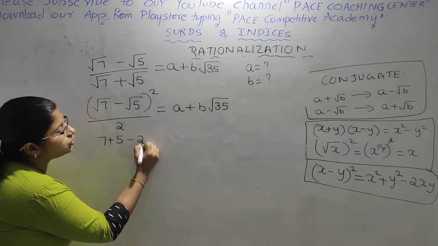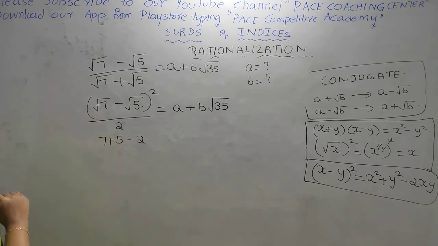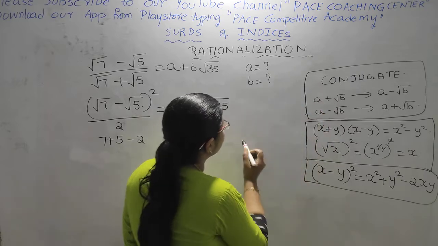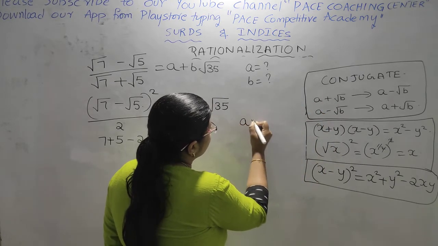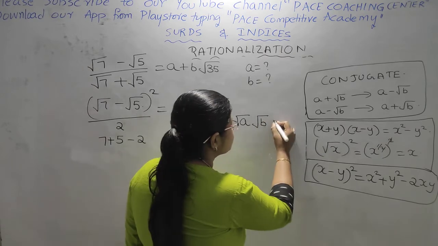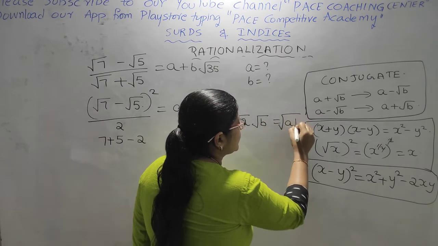Minus 2 into, by using the property of indices, we know that root a into root b can be written as root over a into b.